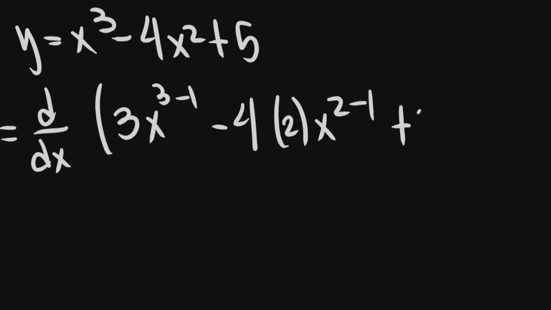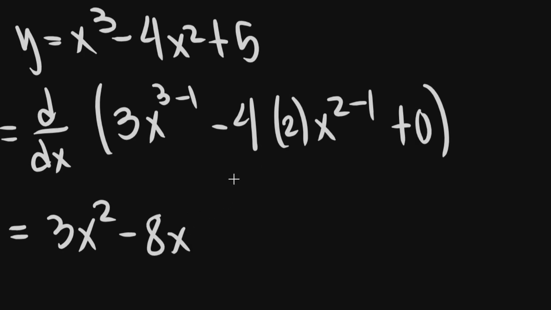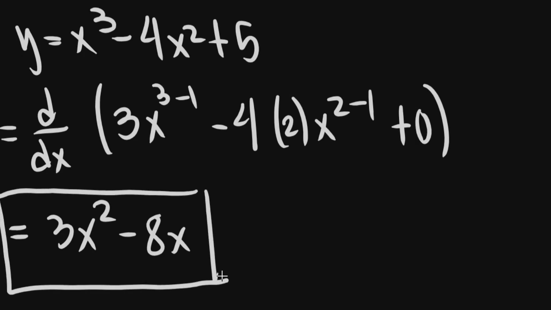So plus 0. Then we just simplify this. So we have 3x raised to 3 minus 1, which is 2, then minus 4 times 2 equals 8, x raised to 1. Okay, so this should be our final answer.